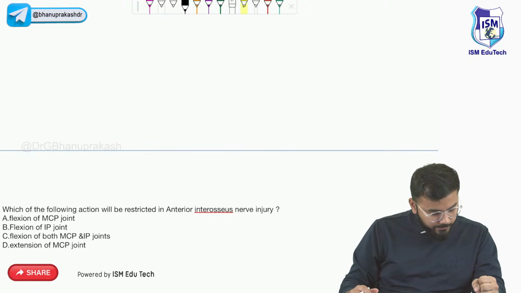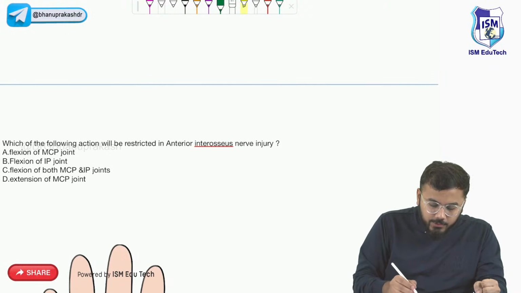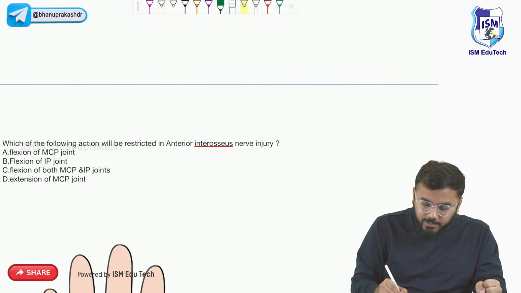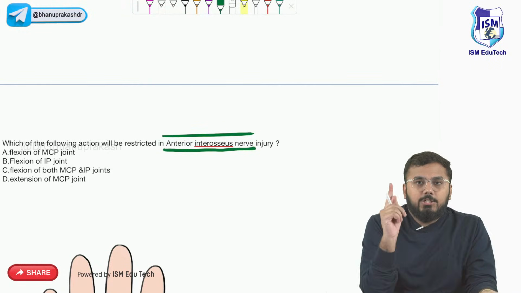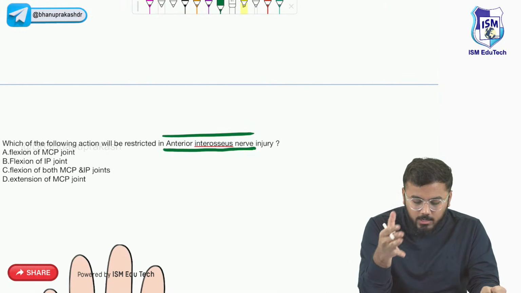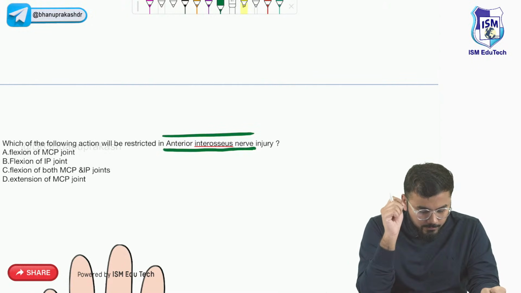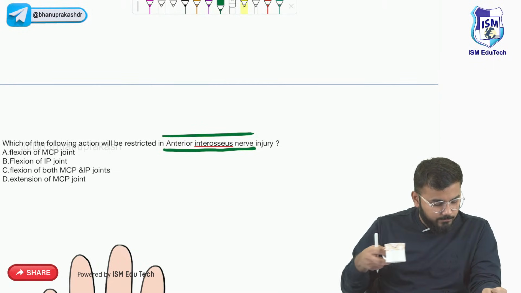Right. Very good. So this was a question which was asked. Which of the following actions will be restricted if an anterior interosseous nerve injury happens? If there is an injury of the anterior interosseous nerve, which function will not happen? Tell me. I need your answers. Come on.